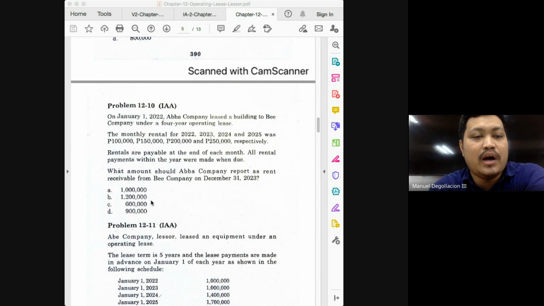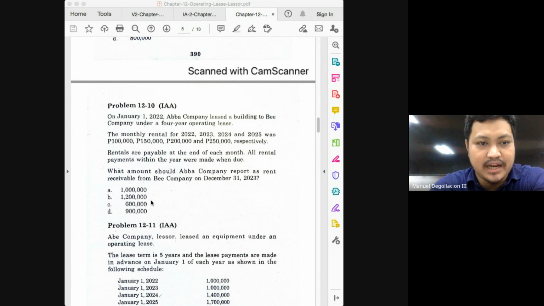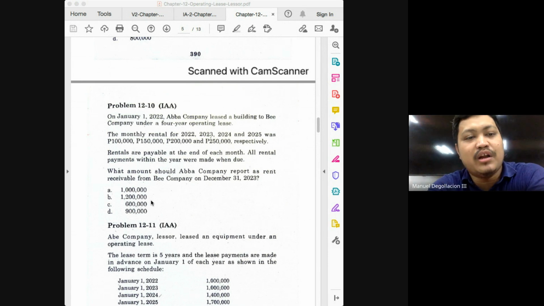There are a lot of ways to go about this one. You can decide to add 100, 150, 200, and 250 and multiply them by 12. Or you can annualize each of these four amounts. Let's do the latter. 100,000 times 12 will give you 1,200,000. That would be your total collection for 2022.